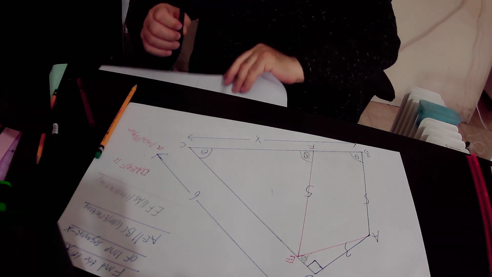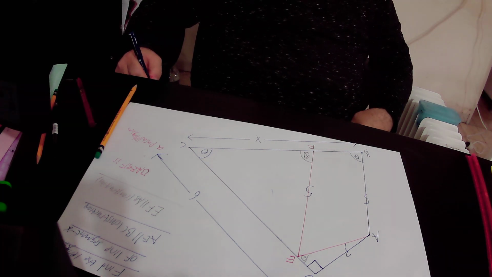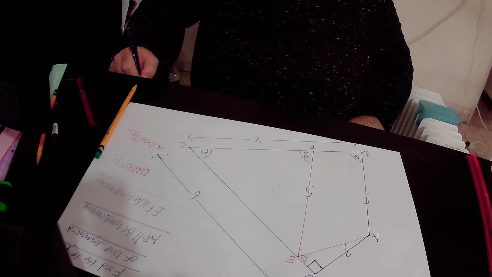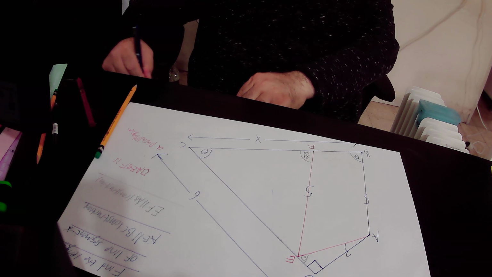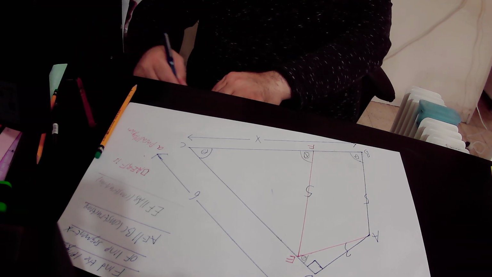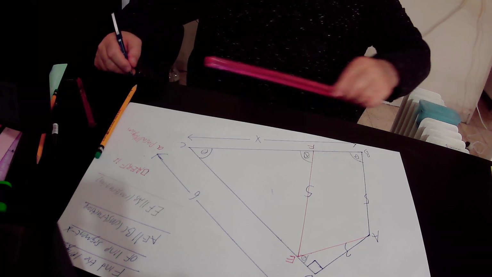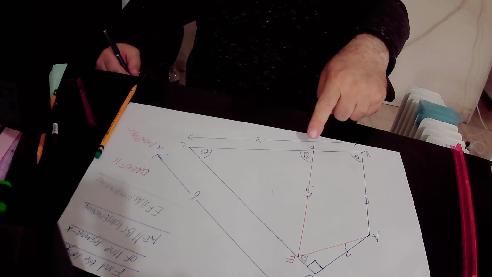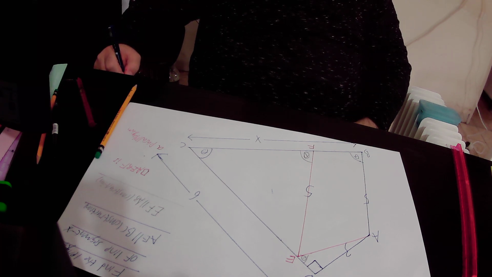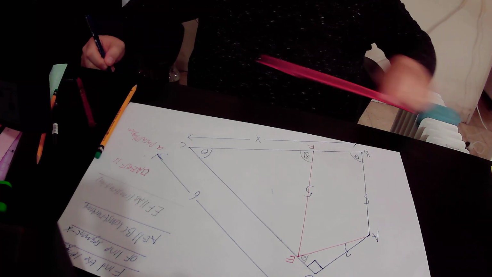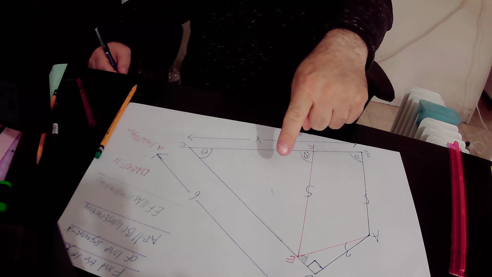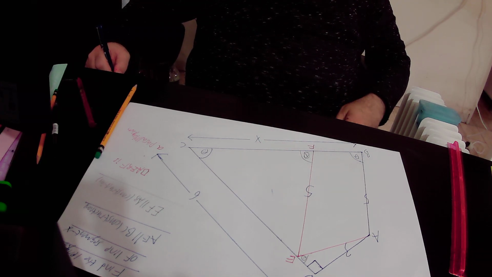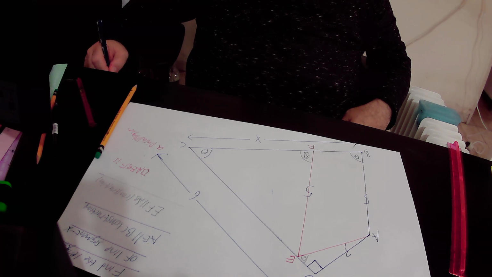So in triangle EFC, we know that angle EFC, this angle, is equal to this angle, that is actually angle ECF. And both angles are equal to theta.